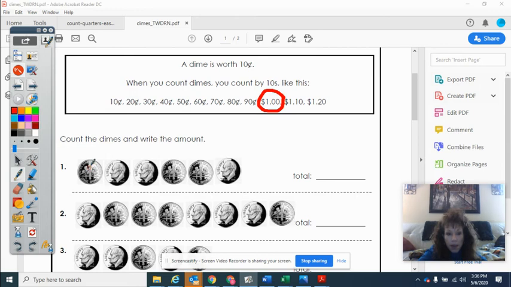So we'll start with 10, 20, 30, 40, 50, 60. So we have 60 cents. We're not going to write 60 with a cent sign. I'm going to write a dollar sign.